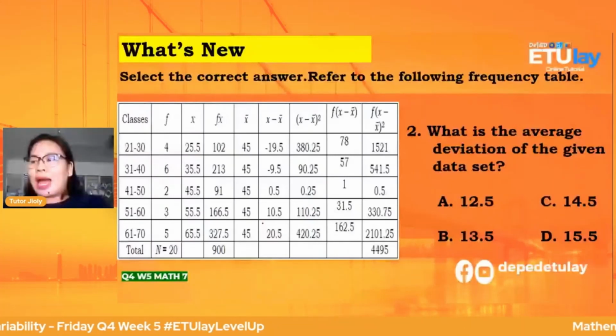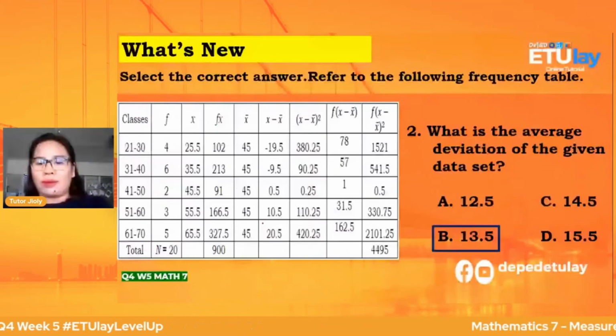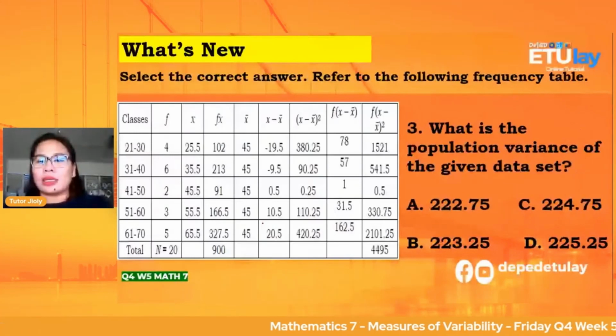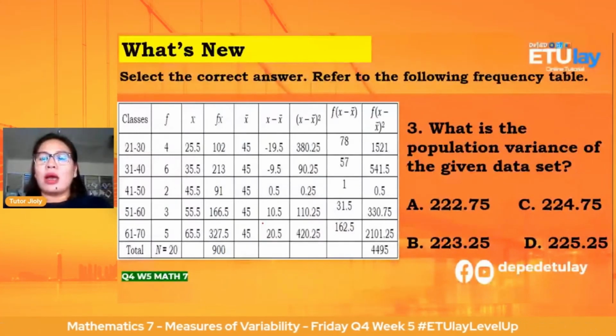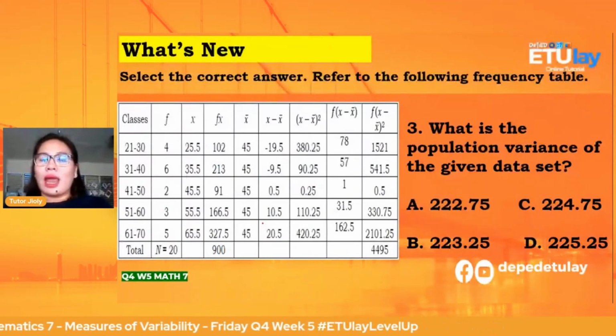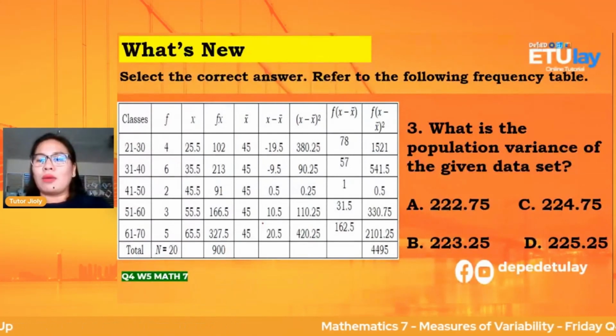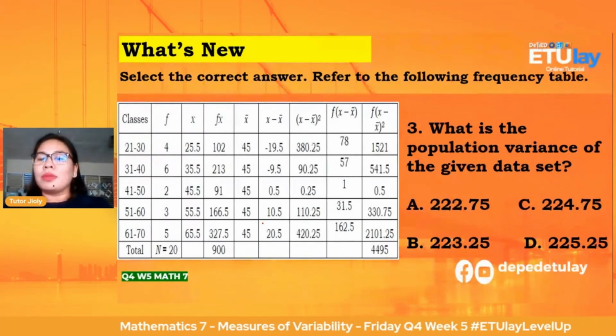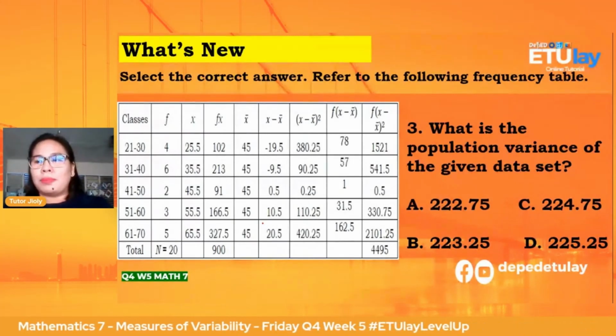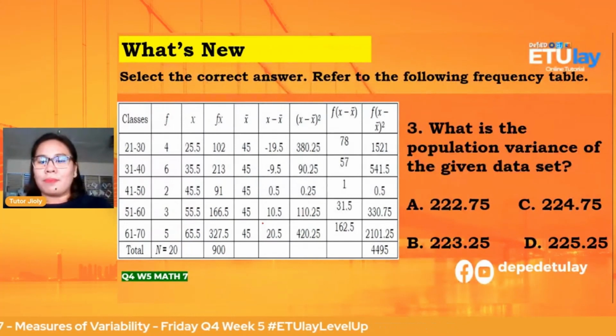For the question number 3, what is the population variance of the given set of data? A, 222.75; B, 223.25; C, 224.75; D, 225.25. What will be the correct answer for number 3?